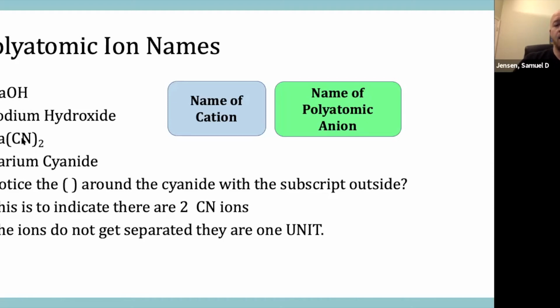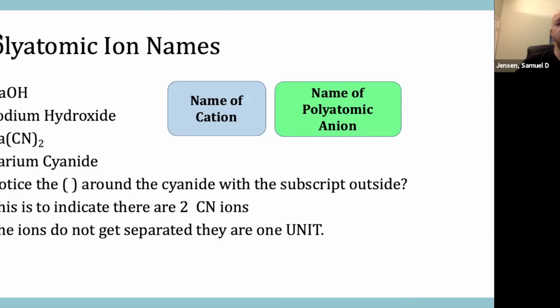CN is the polyatomic ion cyanide, so barium cyanide is the name. But if you don't know that CN is cyanide, how would you name that? And so for people who don't know the polyatomic ions, I get barium carbon nitride, sodium oxygen hydride.